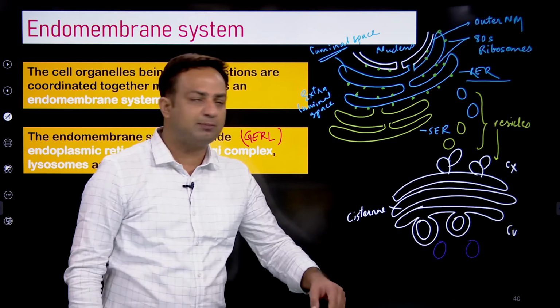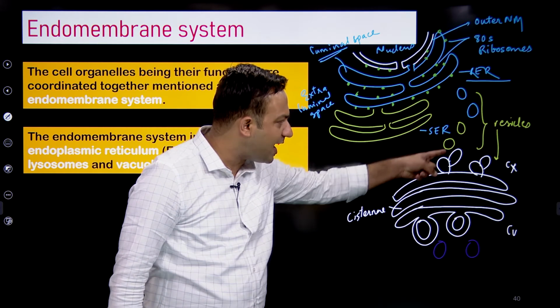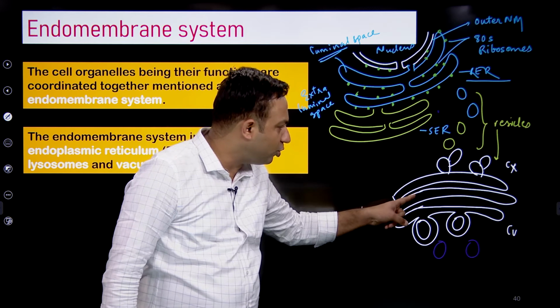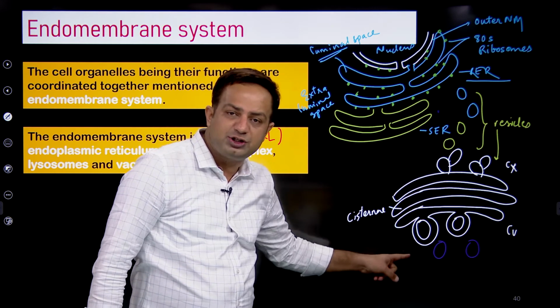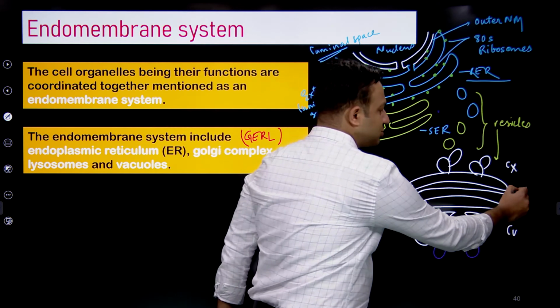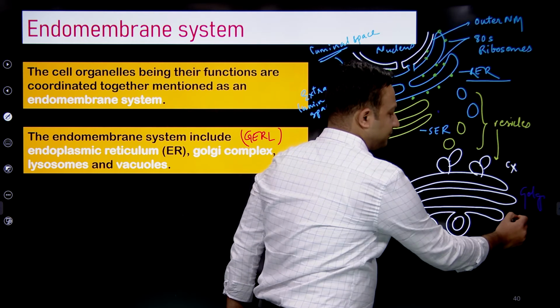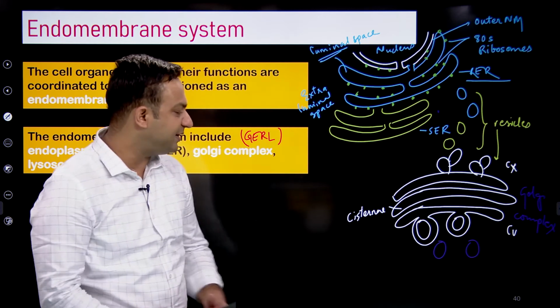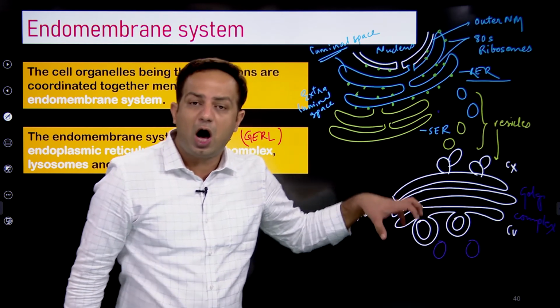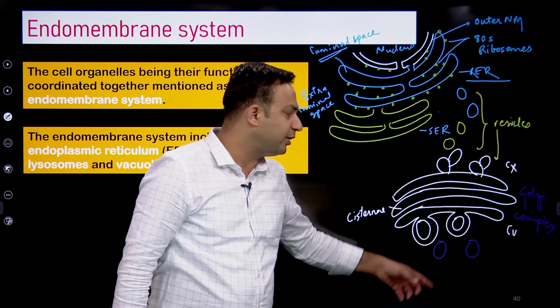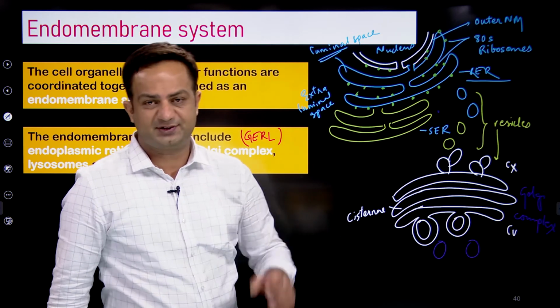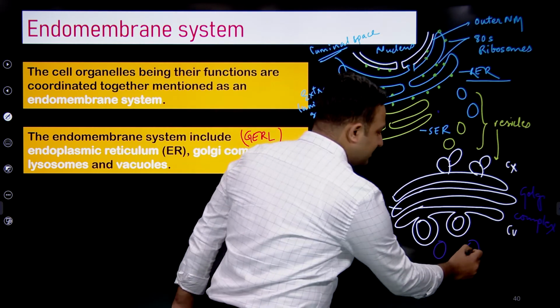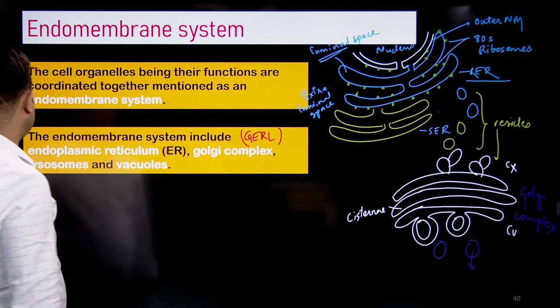Endoplasmic reticulum. It is something which is formed on ER, gets stored or modified in Golgi apparatus. This structure is Golgi apparatus or Golgi complex. Now, it may be possible that these vesicles which are going out from the Golgi apparatus are going to form lysosomes. Okay, maybe these are going to be lysosomes.